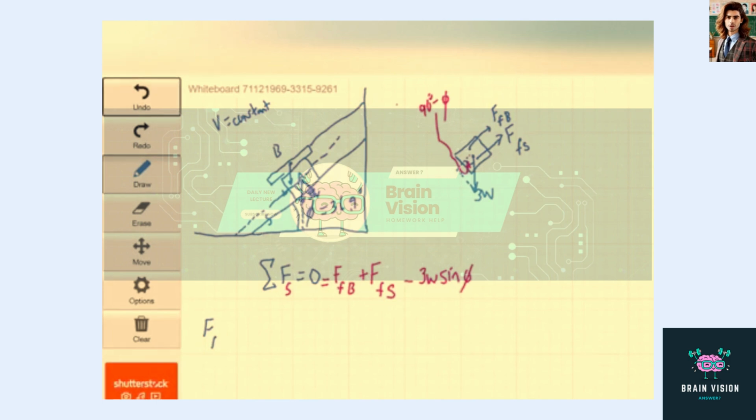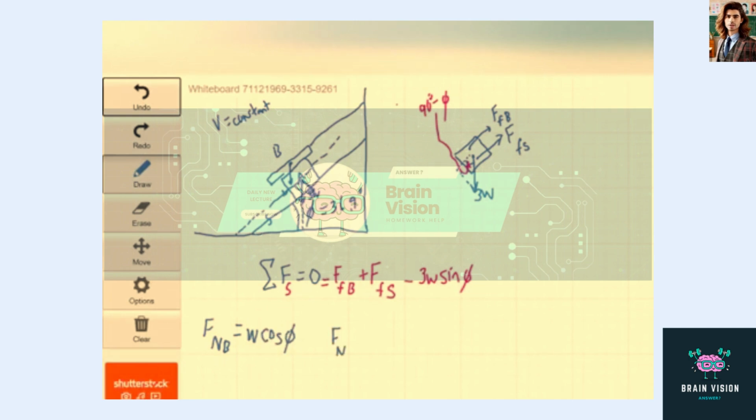So, F sub NB, the normal force associated with just B, is going to be W times the cosine of phi.